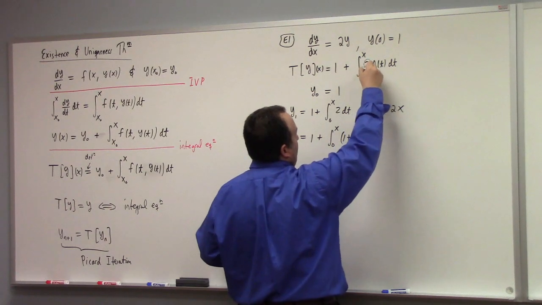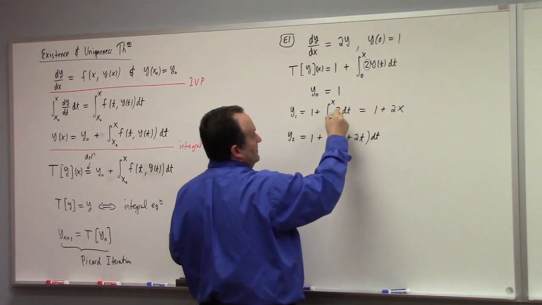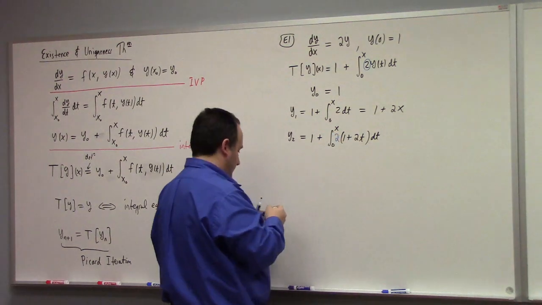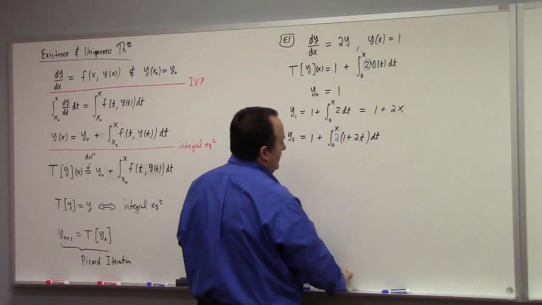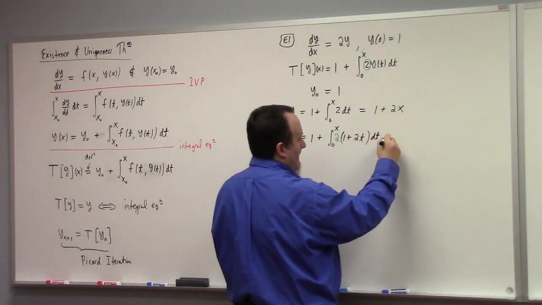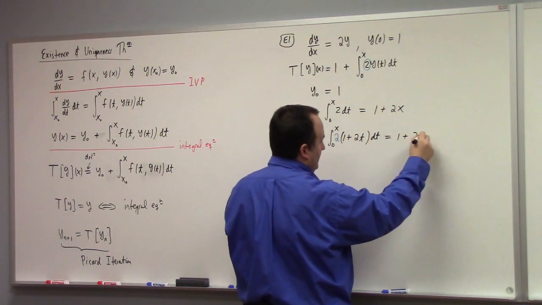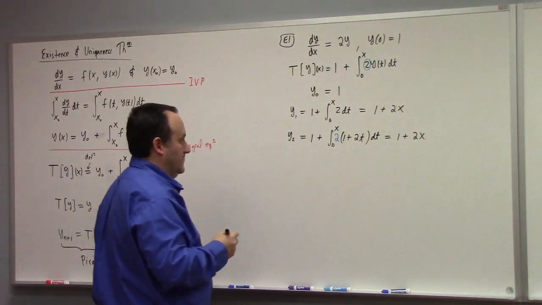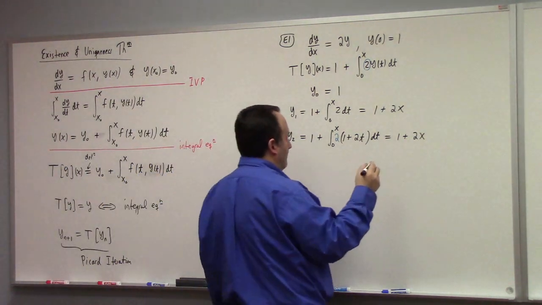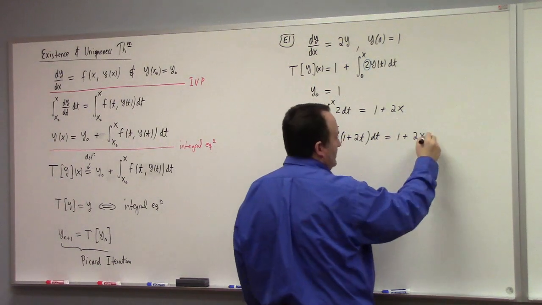See that 2? I can't forget about that 2. It's here, and it's also here. So don't forget about that. And so if you integrate that, we get 1 plus 2x plus 2x squared.